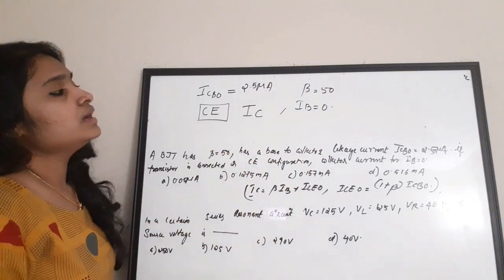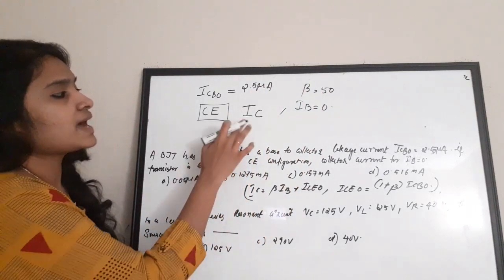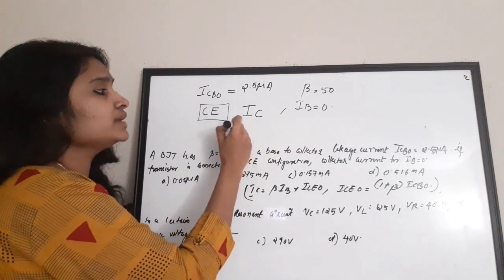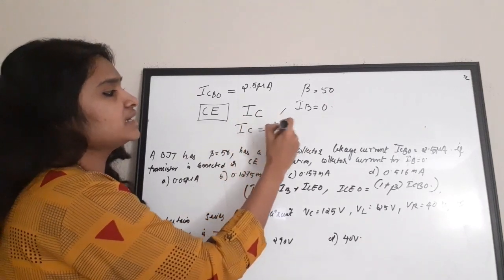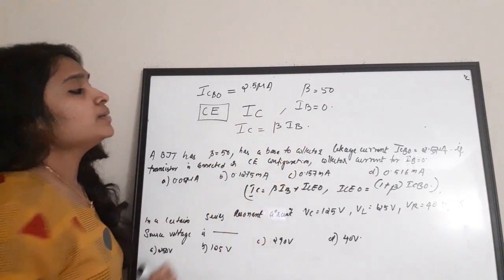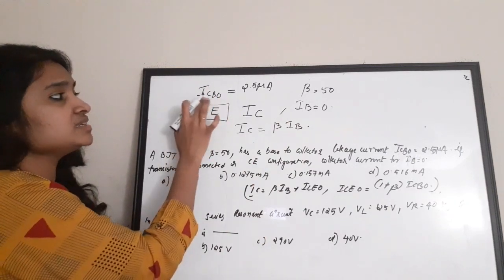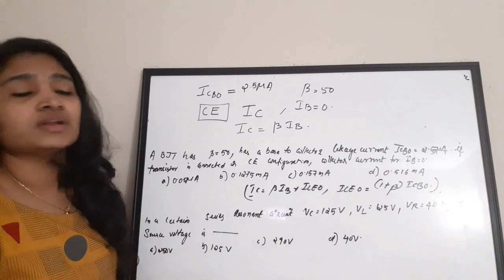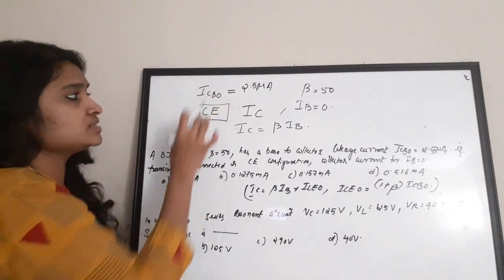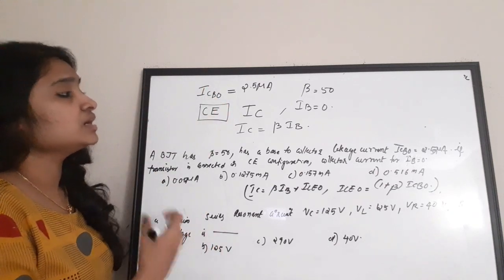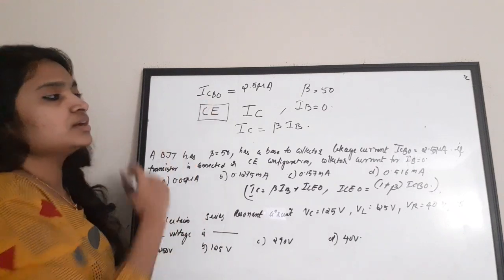Now, we know that the relationship of IC and IB, in the normal case, is IC equal to beta times IB, right? But since we have to consider the leakage current also, see here ICBO is a leakage current and it is given. So when that is given in the question, that means you have to take the leakage current into consideration also.